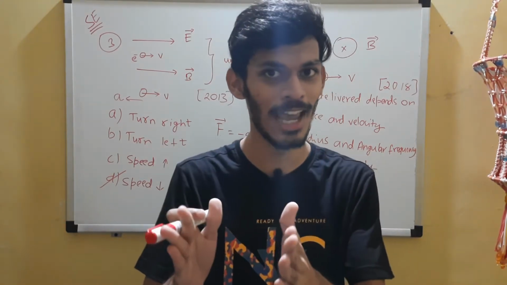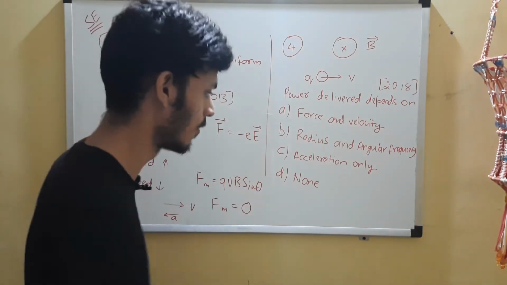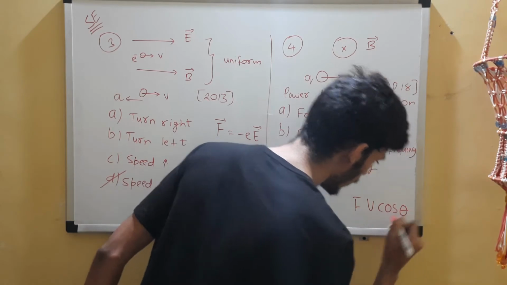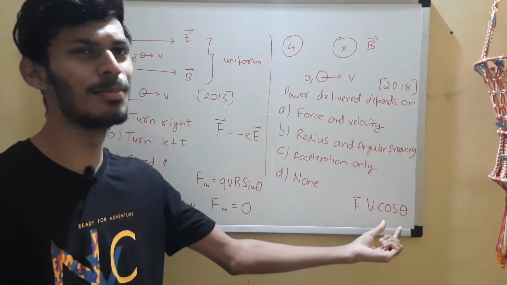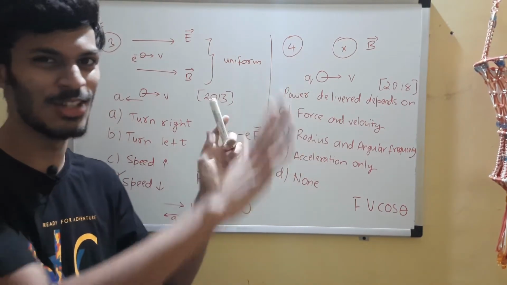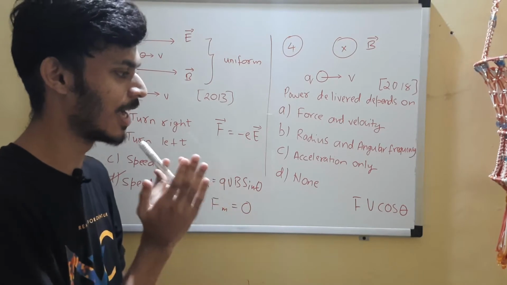It also depends on the angle. Power is Fv cos theta, so we want to know the angle between F and V. Basically it is uniform circular motion, so F and V will have an angle of 90 degrees.